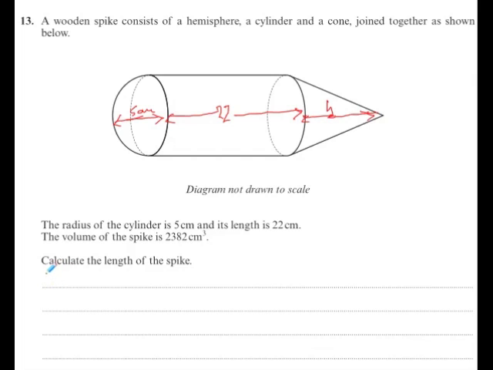So volume of hemisphere is equal to half a sphere. Hemisphere means half a sphere, so it's half the volume of a sphere.